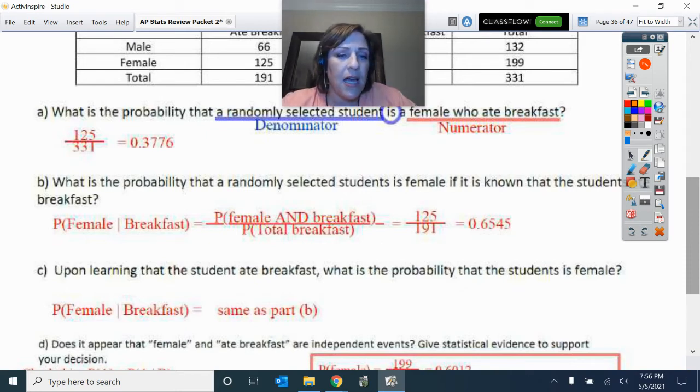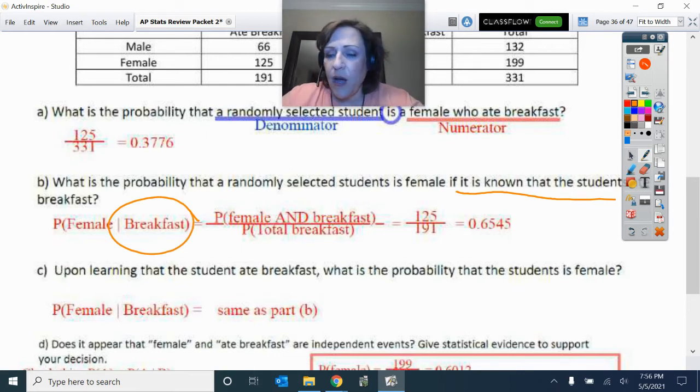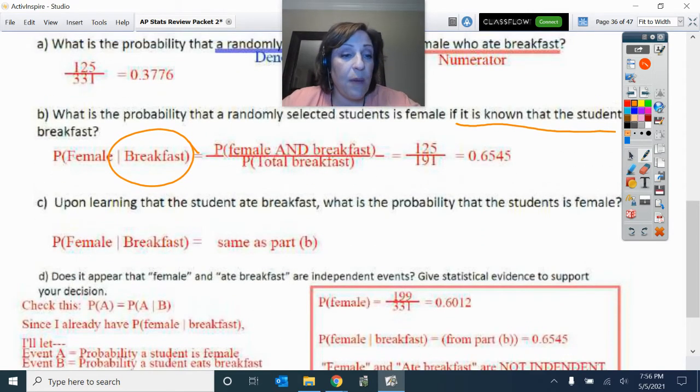So again, if it is known that the student ate breakfast, that's what you're given right here. All right. And so upon learning the student ate breakfast, so again, given that the student ate breakfast, what's the probability the student is a female? So that was just another way of wording the same question.